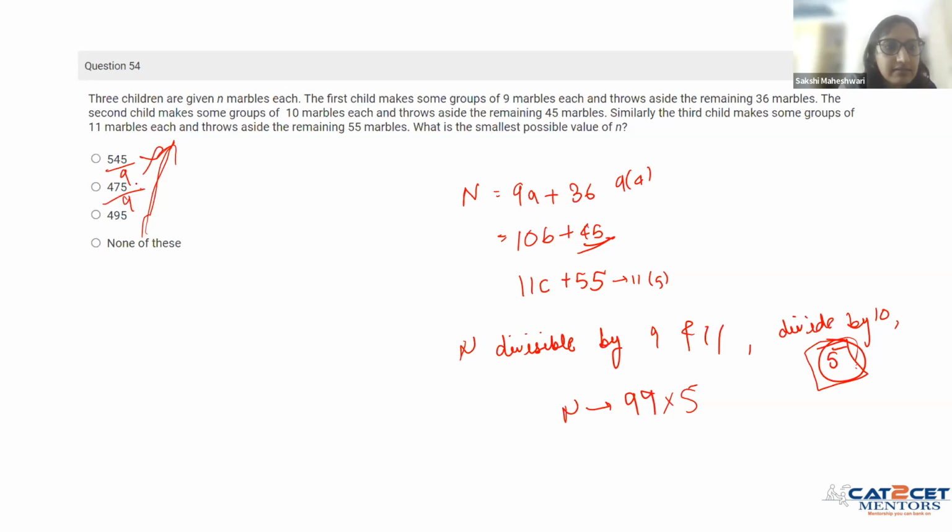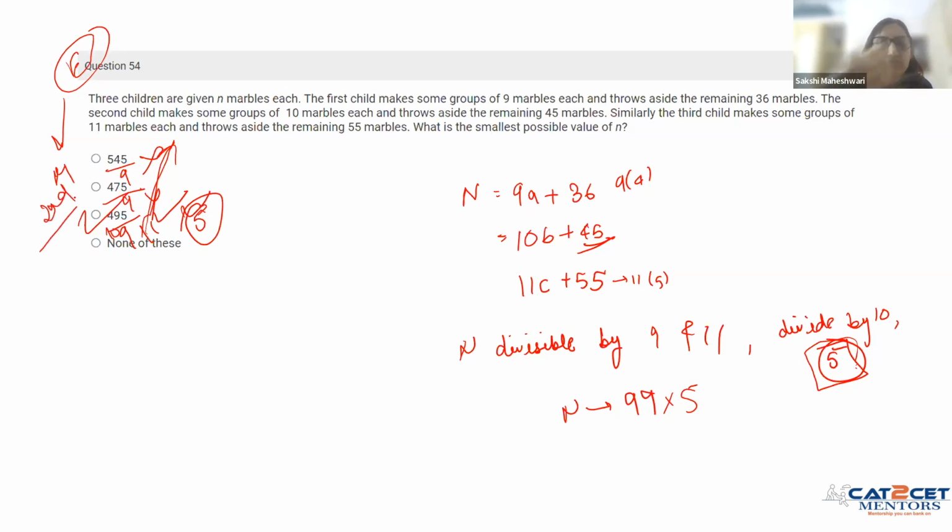Then if you try this, this is also not. If you divide this by 9, yes, this is divisible by 9. If you divide it by 11, this is also divisible. And if you divide by 10, you will get remainder 5, right? So you get this. This was pretty easy. However, it's quite possible that in the first round you may not get it and you might want to look at it in the second round. That is also completely fine.